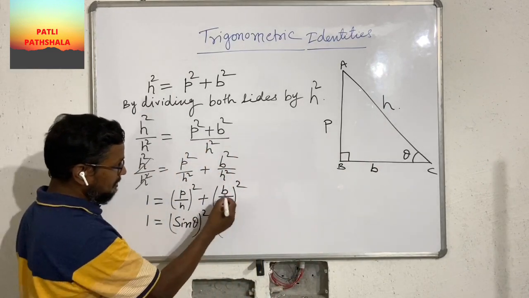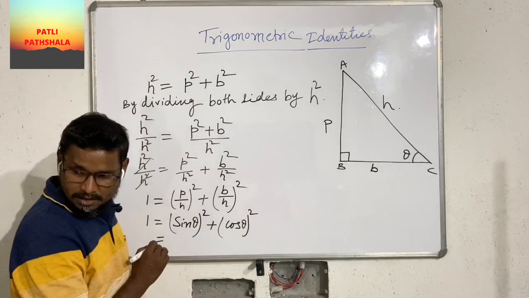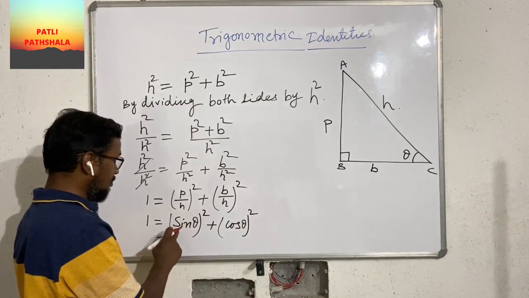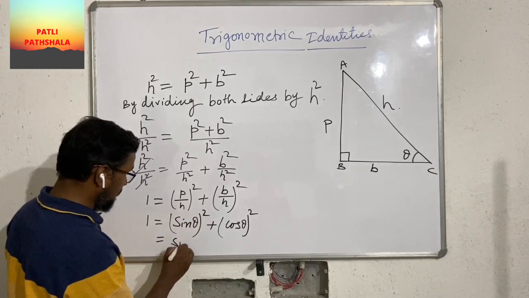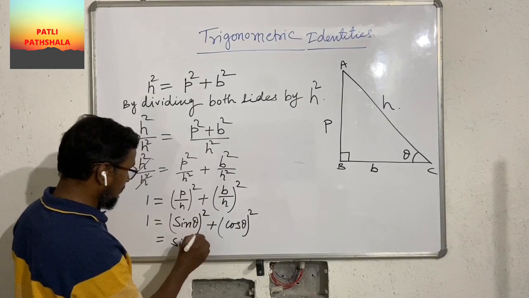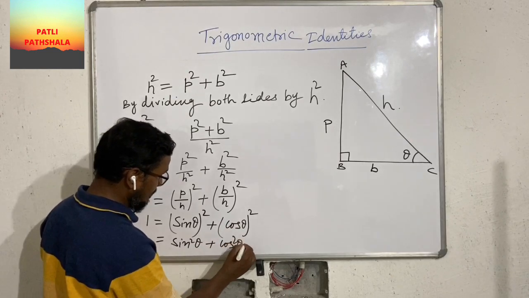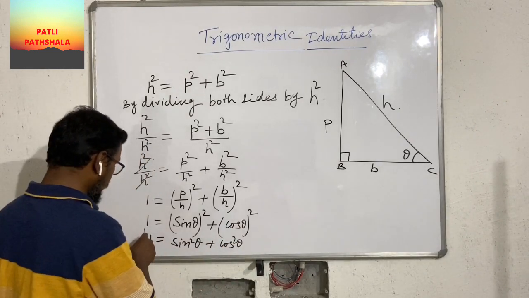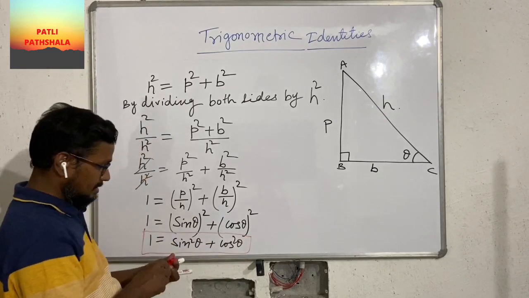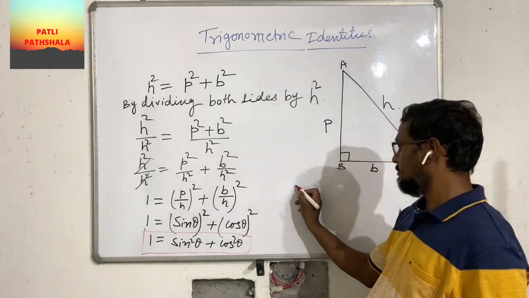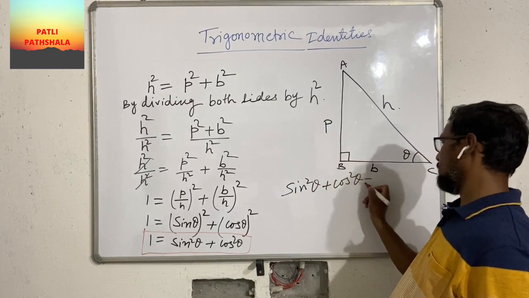So instead of b by h we can write cos theta and square. So if we take sine theta whole square, its value will be sine square theta. Similarly here cos square theta. 1 is equal to sine square theta plus cos square theta. First identity: sine square theta plus cos square theta is equal to 1.